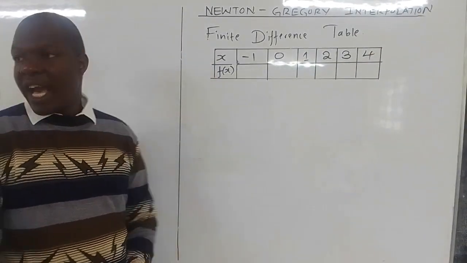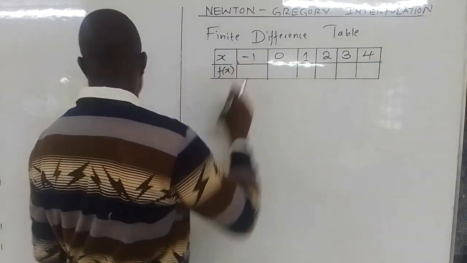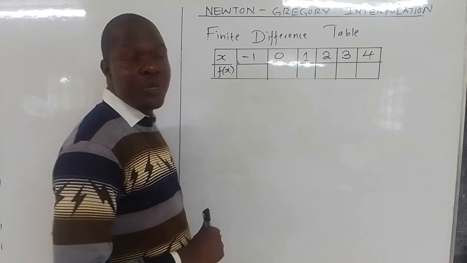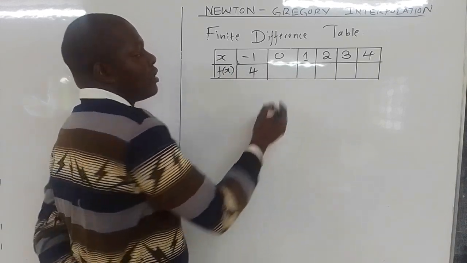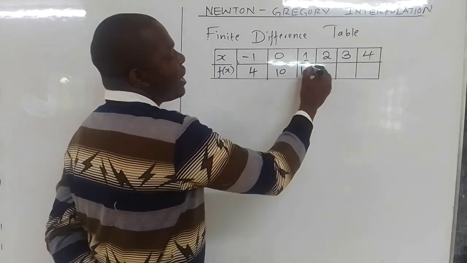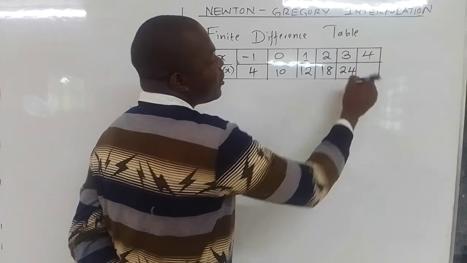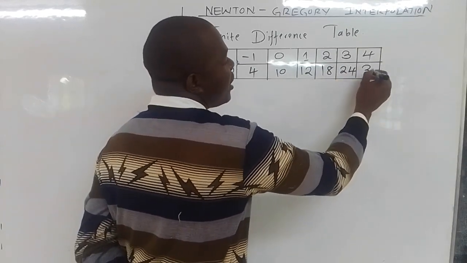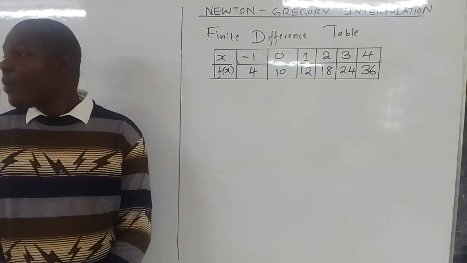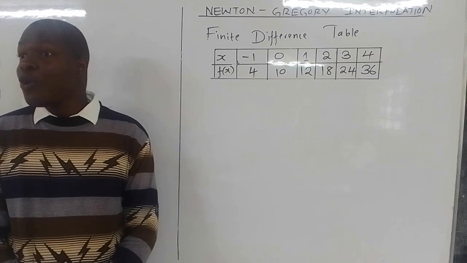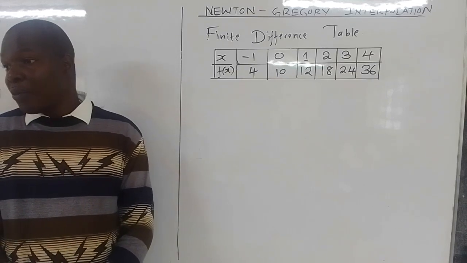And the f of x, when x is -1, maybe it's 4, maybe 10, maybe 12, 18, 24, and maybe 36. So you've been told maybe f of x, for instance, is a cubic polynomial.